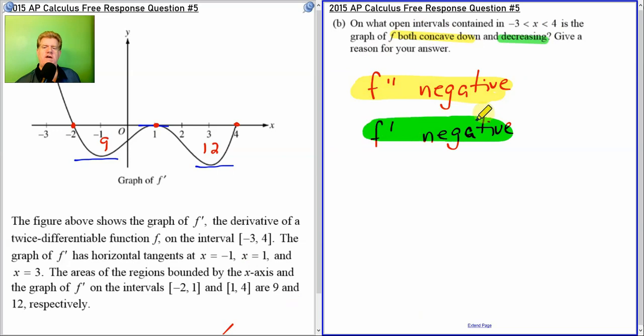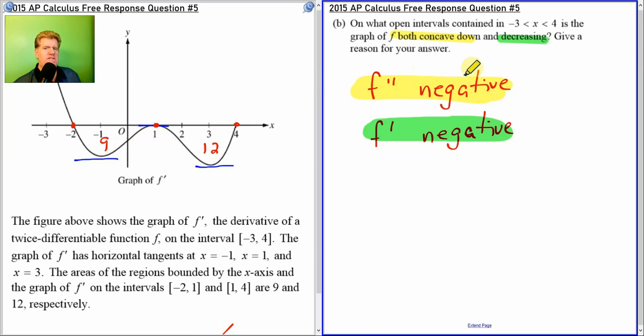So let's look on the graph and see if we can find these values out. So in yellow, let's put yellow highlighter. When is f double prime negative? Okay, now remember, we're looking at the graph of f prime. So be very, very careful. If we're looking at the graph of f prime, f double prime is its derivative.